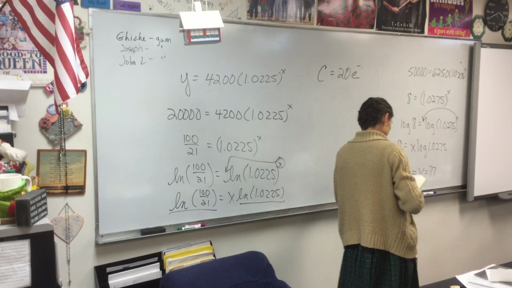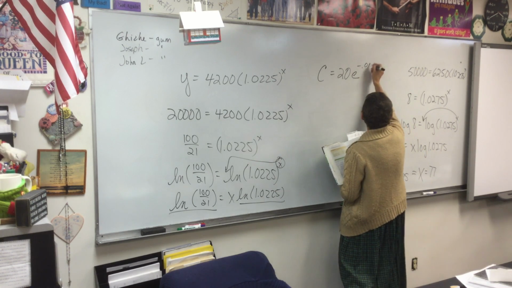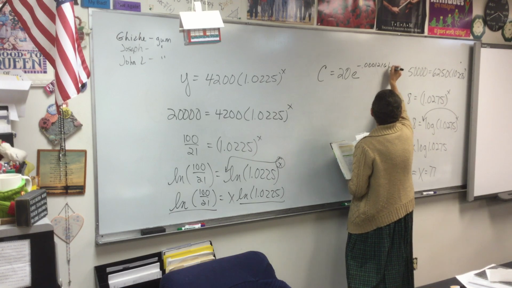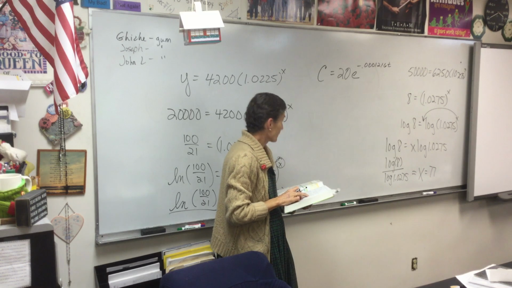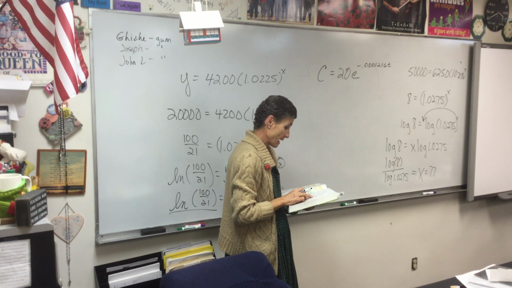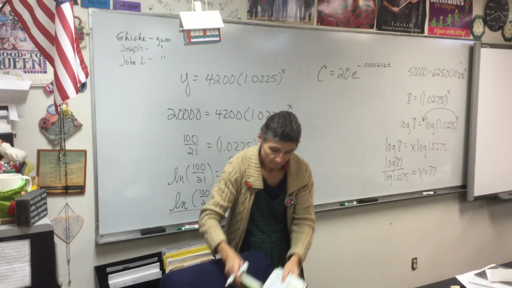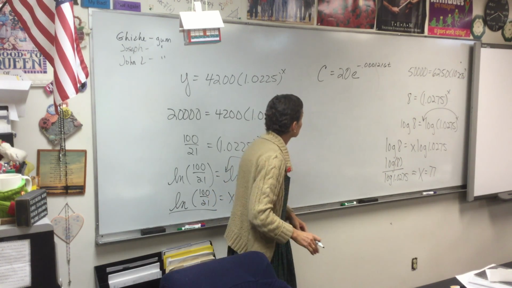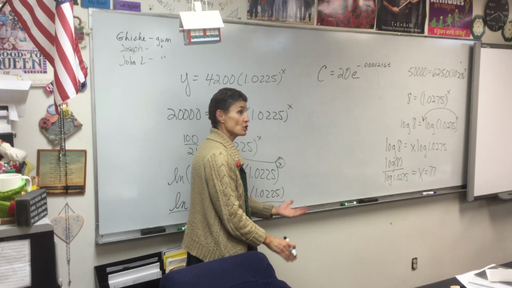How many zeros? There's 3 zeros after the decimal point, right? So that's the equation I'm going to be using.